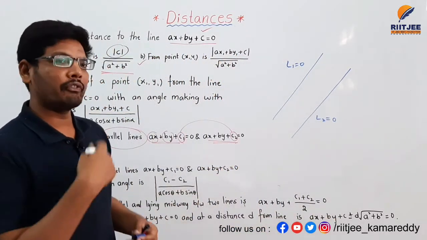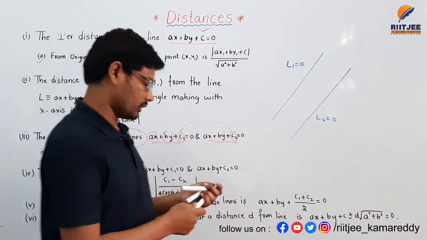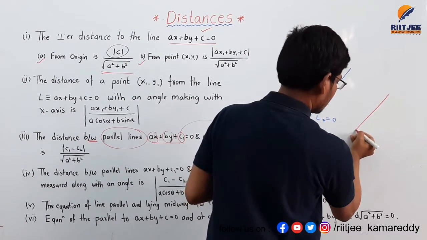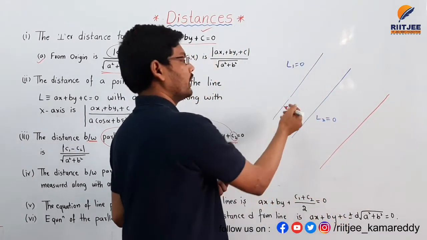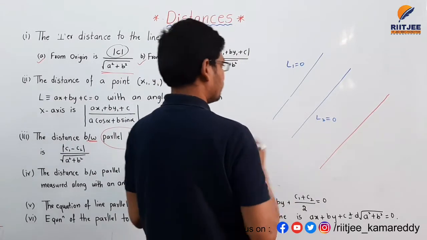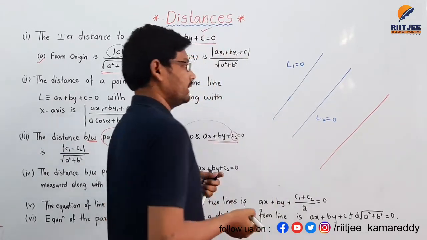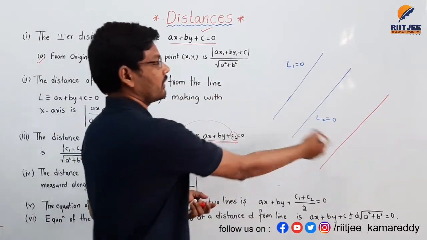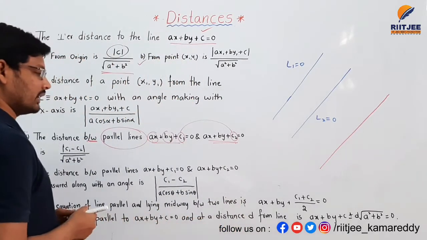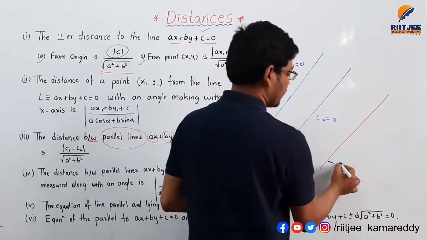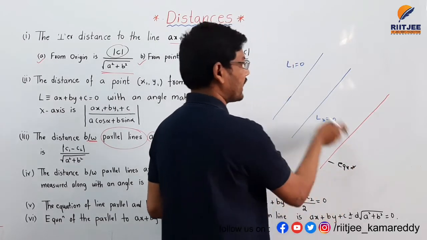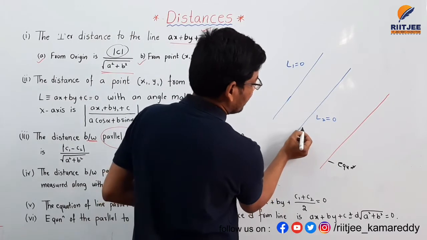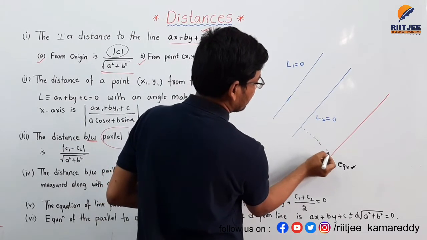And if one more line is here, not between the two lines, though if it is between also, the same concept applies. I am taking the right side of the parallel lines. If you want to find the equation of this parallel line, these three lines are parallel lines, and this line is at some distance from these two lines.